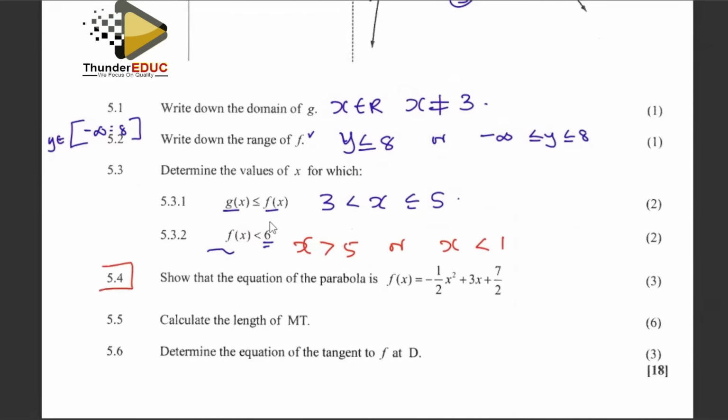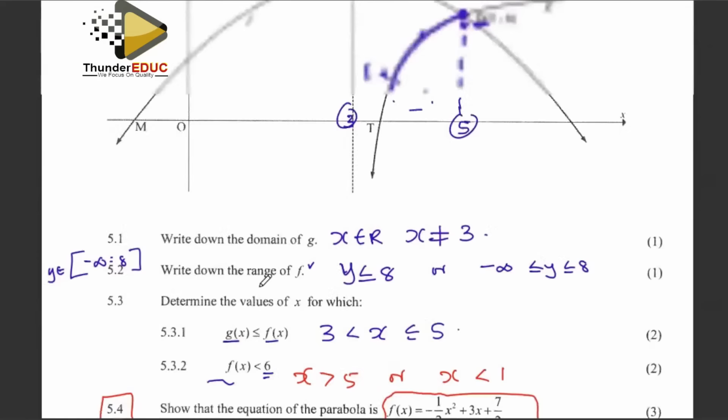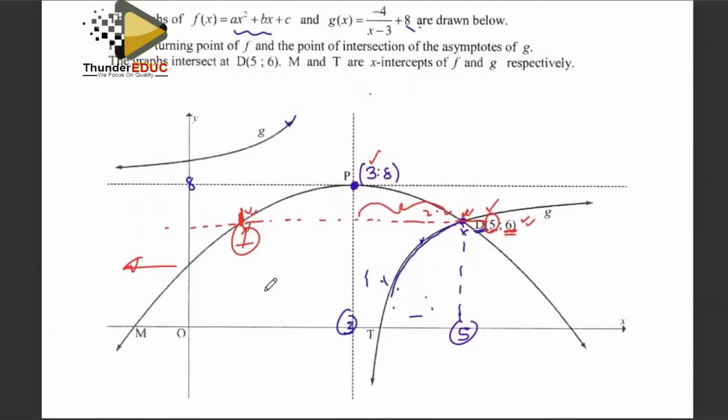Then 5.4: can we show that the equation of the parabola is given as this? This question is sweet because they give you the answer and then you have to figure out how you get that answer. With this question, I have already identified the point P, which is the turning point.